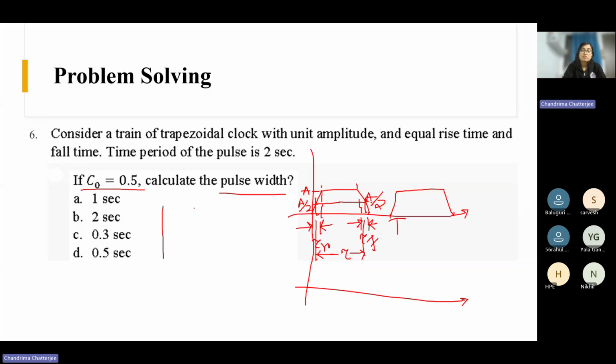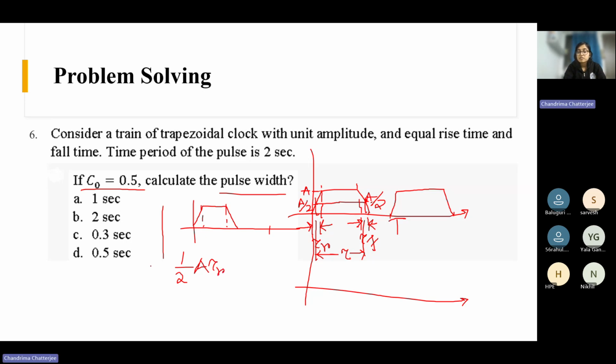Now, because C0 is the average value, you can also take a shortcut. The function is a trapezoidal one. You can break it into three different parts: this is tau r, this is tau f, and this is a rectangle. What is the area of the first part? The area of the first part is half A tau r, because this is a triangle.